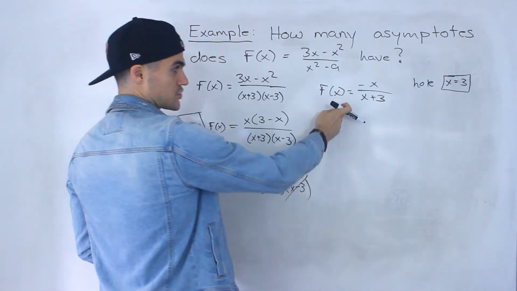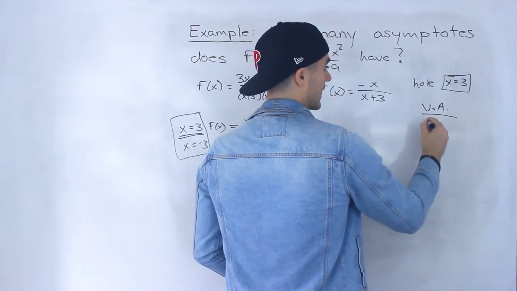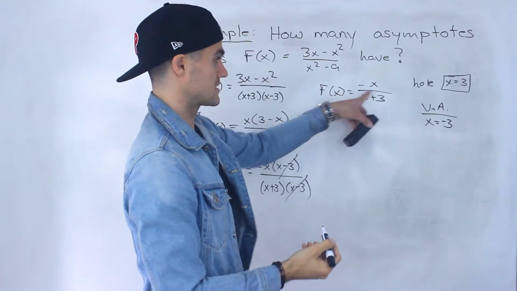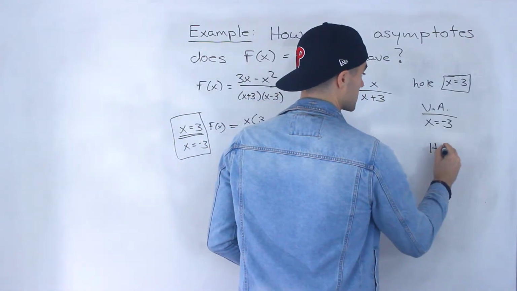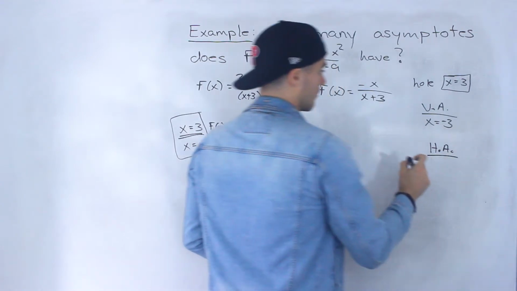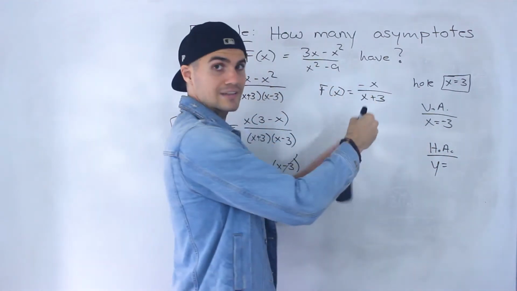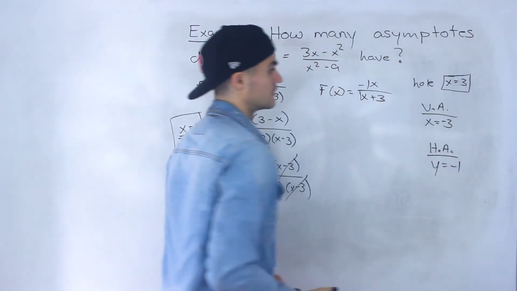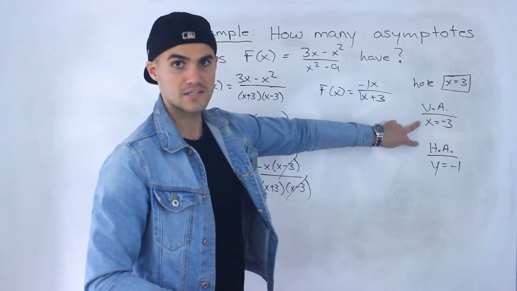Okay, so this function has a vertical asymptote at an x value of negative 3. That x value makes the denominator 0. And notice that there's a horizontal asymptote, and the horizontal asymptote is y equals the ratio of the leading coefficients. So we have negative 1 over 1, so this is negative 1 right there. Right, so those are the two asymptotes in this case.